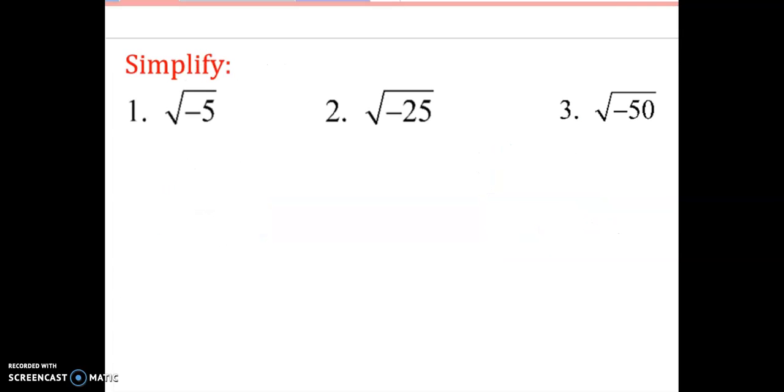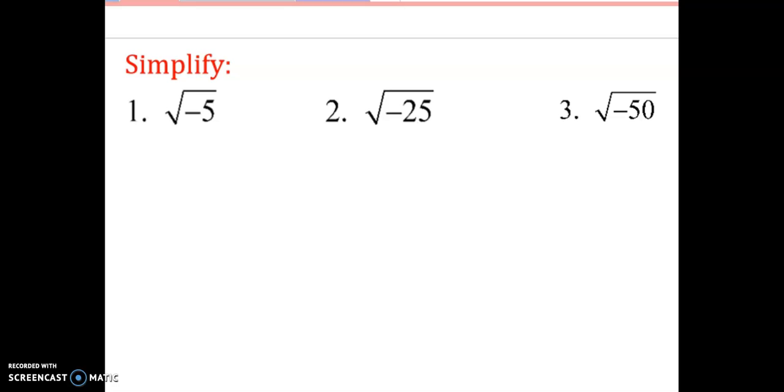Look at these three examples: square root of -5, square root of -25, and the square root of 50. You cannot take the square root of any negative number. Remember, we could take the cube root of a negative number, but we cannot take a square root of any negative number because you're asking yourself what number twice gives you that.